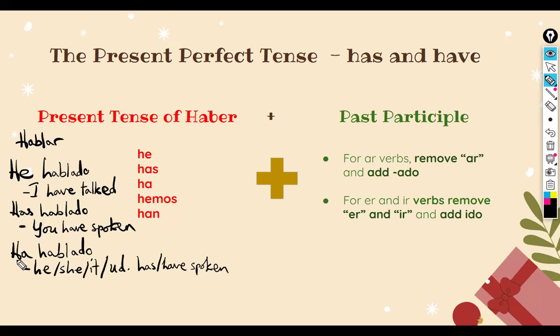So these are all the singular forms, right? I am one person, you are one person, he, she, it, usted, one person. Now we go to the plural form. So nosotros hemos hablado, right? We have spoken. Now I have space down here, so I'm going to write it down here, but obviously you write it going down. Nosotros hemos hablado.